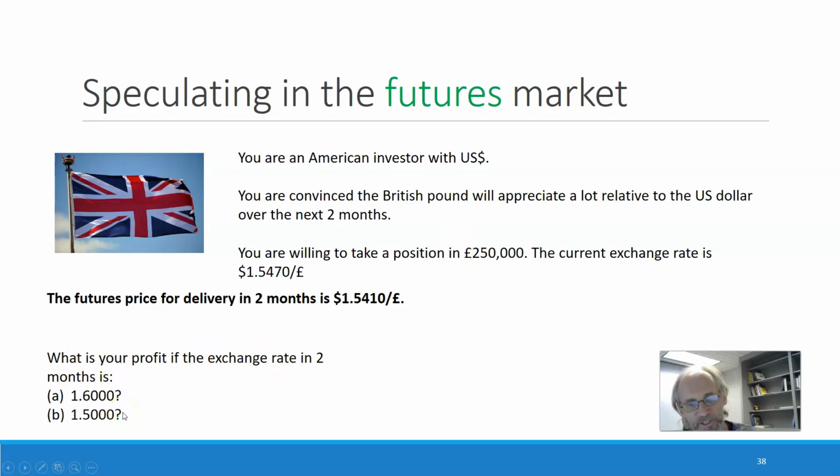So when you want to close this out, you've taken a futures position, and the price that you're going to close it out at is going to be the price on that futures contract that expires for the contract you're at. Okay? So assume that that is 1.6 or 1.5.